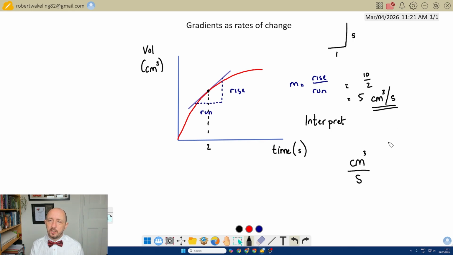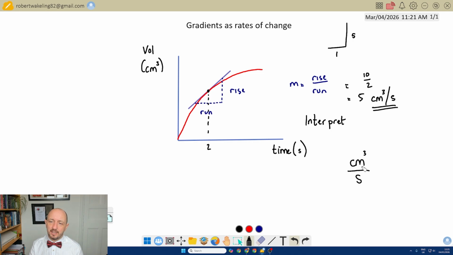So my best bit of advice for you is, first of all, just put the tangent on and do rise over run. That's the simple part. Then we do the rise over run calculation, but with the units, centimeters cubed on the top, time in seconds on the bottom.